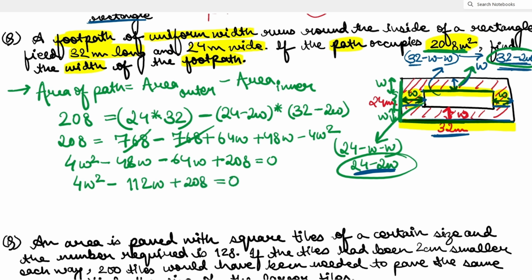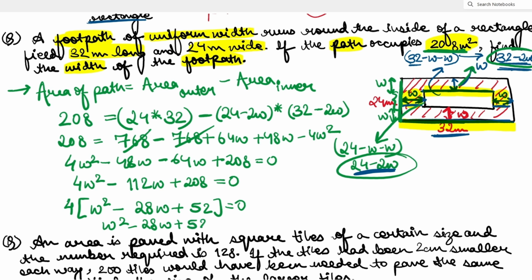All the numbers are divisible by 4, so can we take 4 as common? We get W square minus 28W plus 52 is equal to 0. Correct? Now, solving this further by middle term splitting.